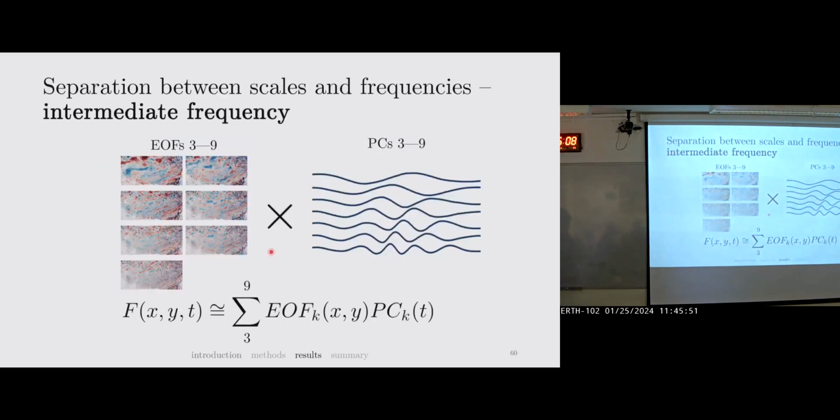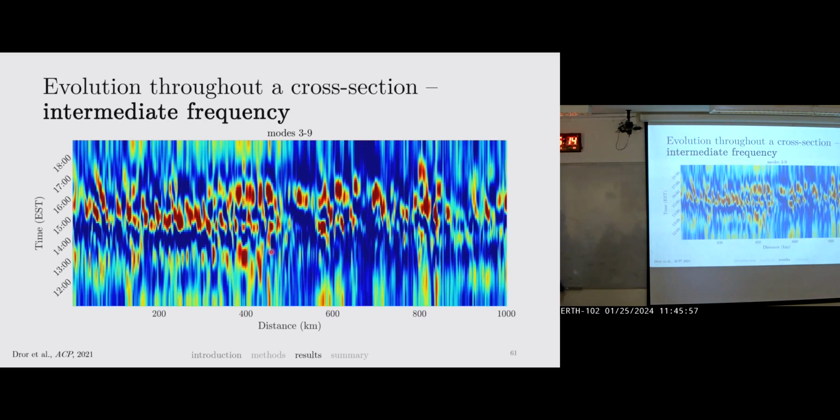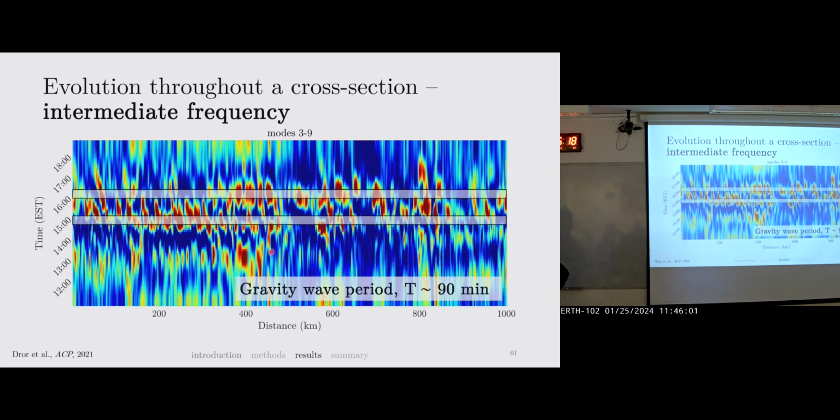Moving then to the intermediate frequencies, we see that when we sum them up, we have a different alignment. We have this horizontal alignment. This alignment corresponds to gravity waves that travel throughout the field. We can estimate their periods, also agreeing very well with the literature.